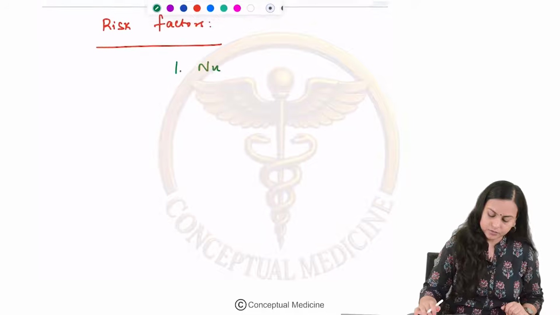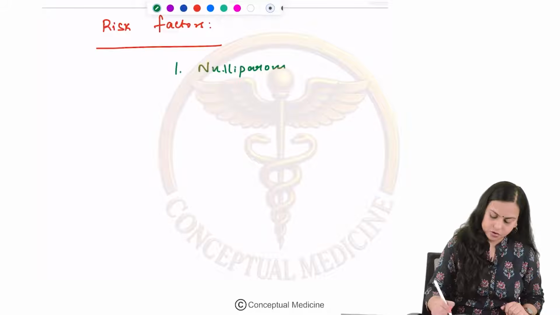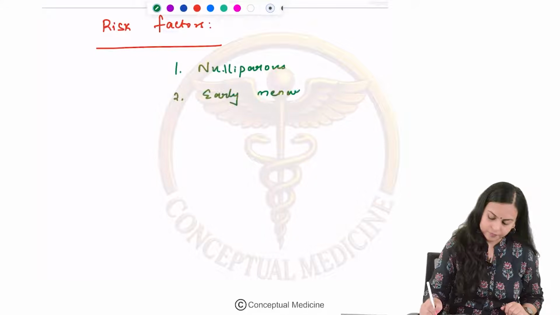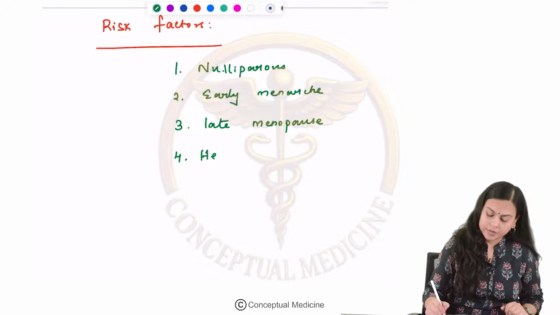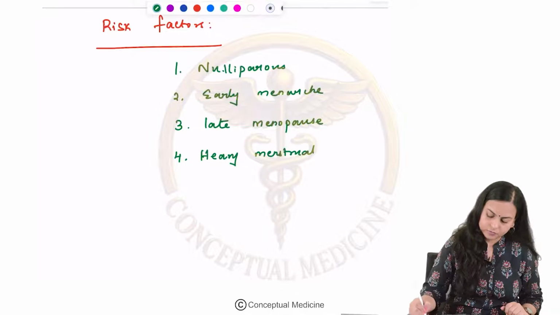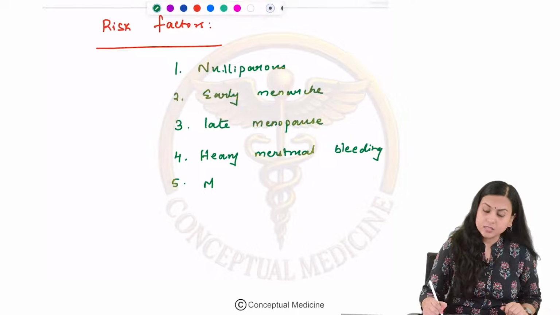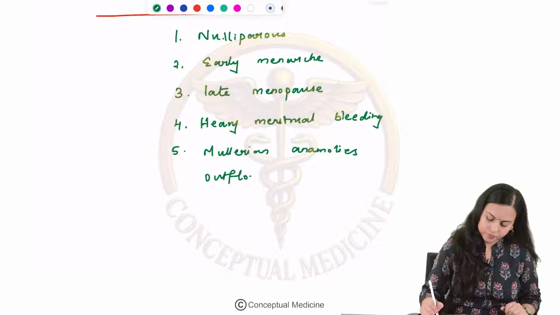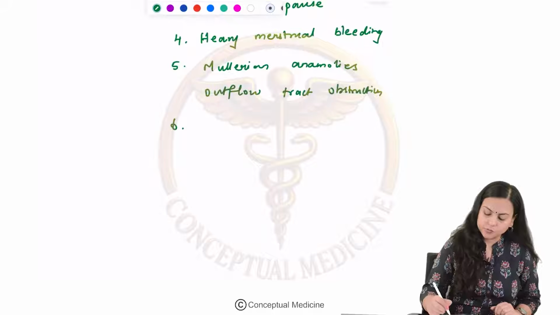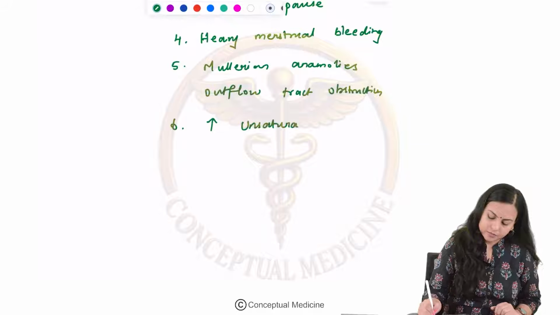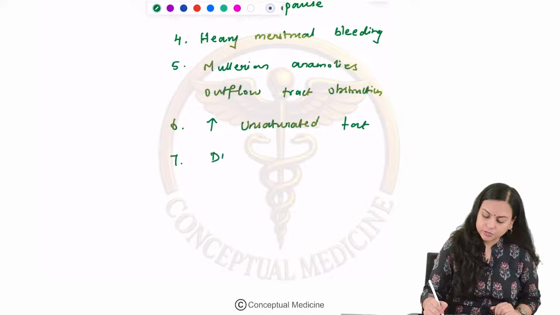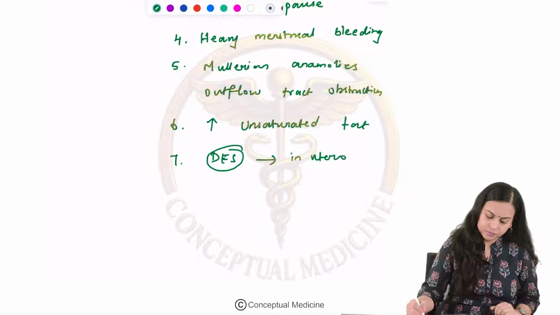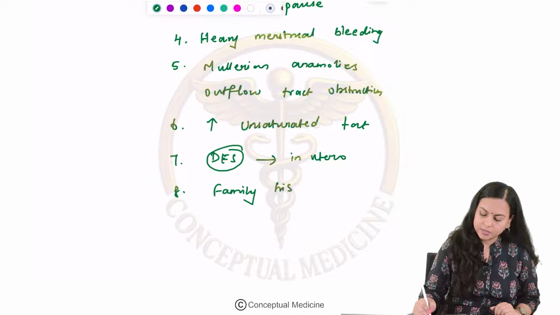So, first one, the risk is more when she is a nulliparous woman or she had early menarche, late menopause, there is heavy menstrual bleeding, when she has Mullerian anomalies or outflow tract obstruction, when she consumes high amount of unsaturated fat, there is exposure to diethylstilbestrol in utero, and if she has a family history of endometriosis.